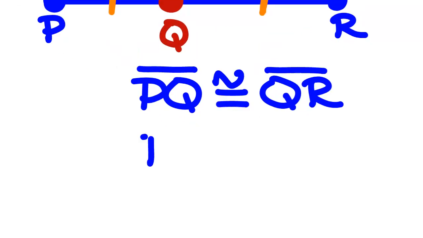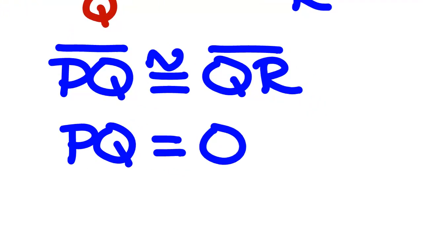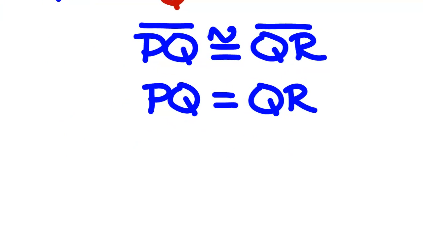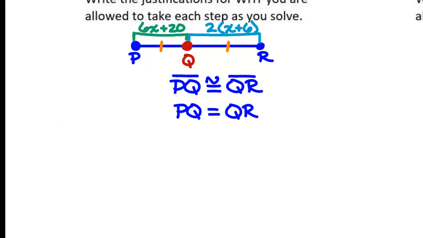The length of segment PQ is just PQ with nothing over the top. Remember, if there's nothing on top, it means length. So the length of PQ is equal to the length of QR. How big did we say PQ was again?